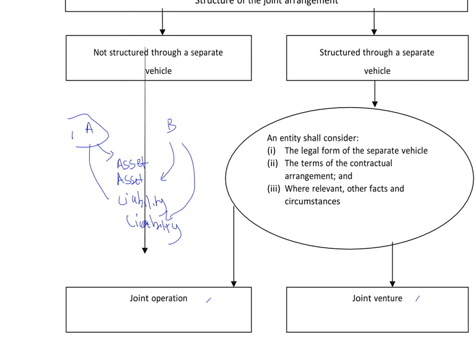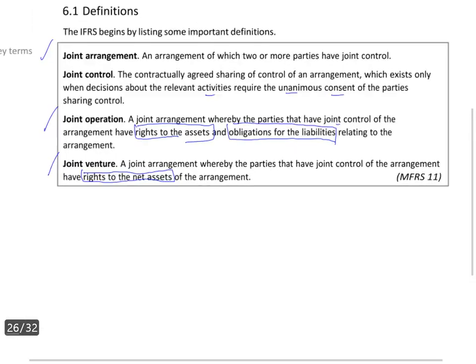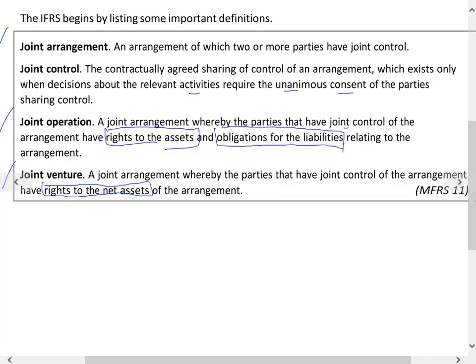So when you read this, in a joint operation where they have a joint control arrangement, they have rights to the asset. I have a right to my own asset, I have an obligation to my own liability. That's it. Clear? I contribute my asset, I recognize the asset. I contribute the liability or the obligation, that is my liability. Mine is mine, yours is yours.